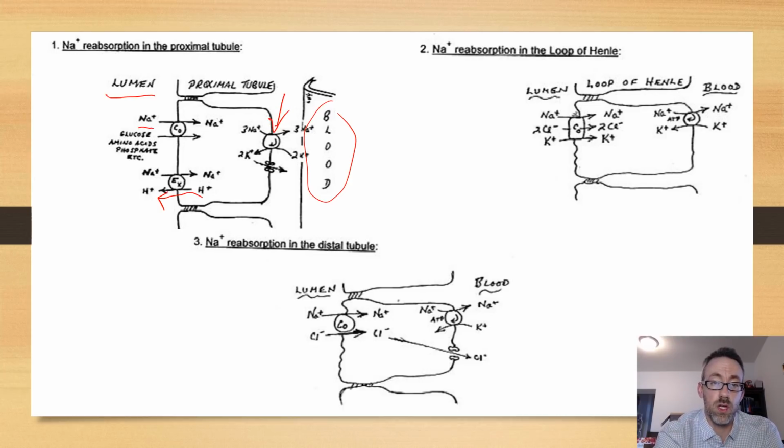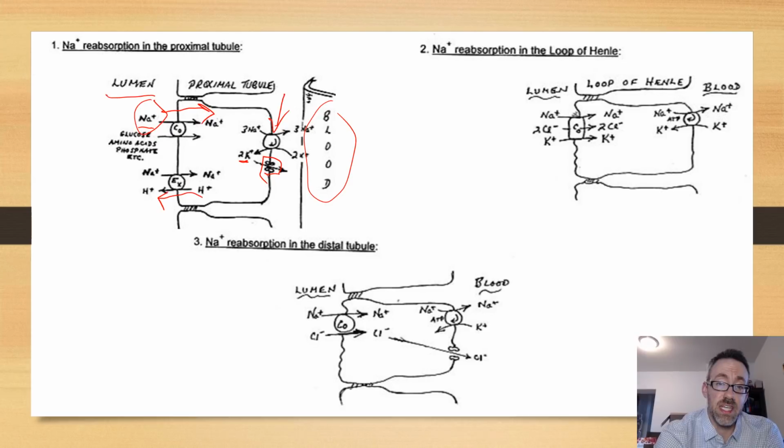It moves the sodium out of the cell and back into the blood in exchange for potassium. And then we'll have some channels on the basolateral side that can help potassium also leak out so it doesn't accumulate too much either. In this regard, we're removing that sodium that's coming inside the cell. This keeps the gradient so that sodium on the luminal side will continue to want to move into the cell.